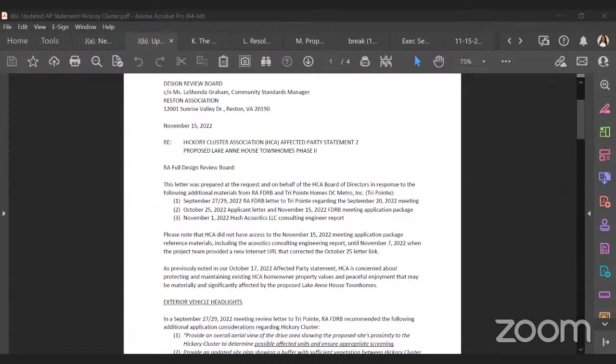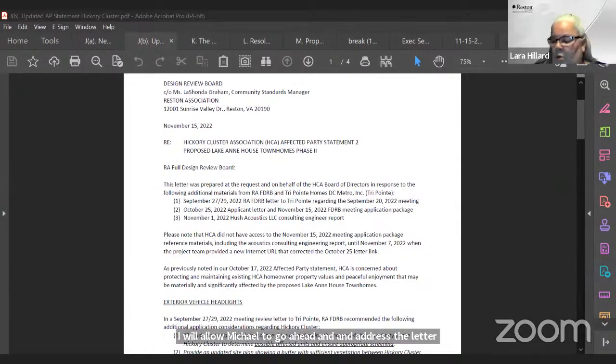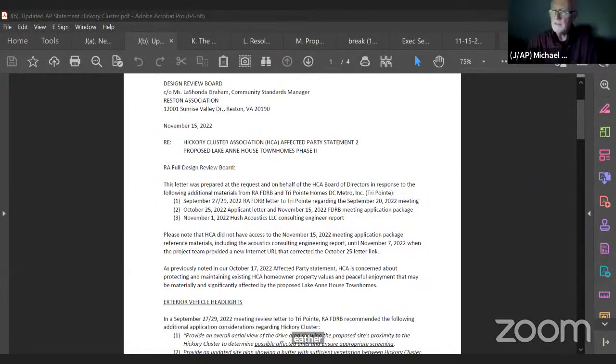He helps the board out in these areas. In addition, he was a previous board member who was quite involved in trying to establish standards that would affect Hickory Cluster with this new development. So I will allow Michael to go ahead and address the letter. Okay. Michael, you'll have 5 minutes. Very good, thank you.